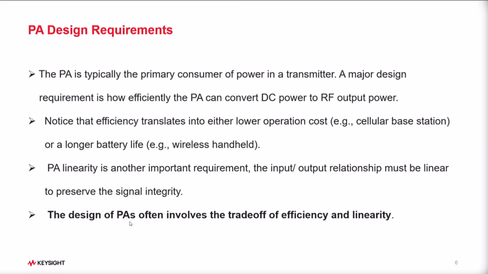So a real design of a PA at a 10,000 feet level involves a trade-off between efficiency and linearity. And these two are 180-degree opposite things. As we go along, we will see how we maintain both of these with different techniques we have at our disposal.